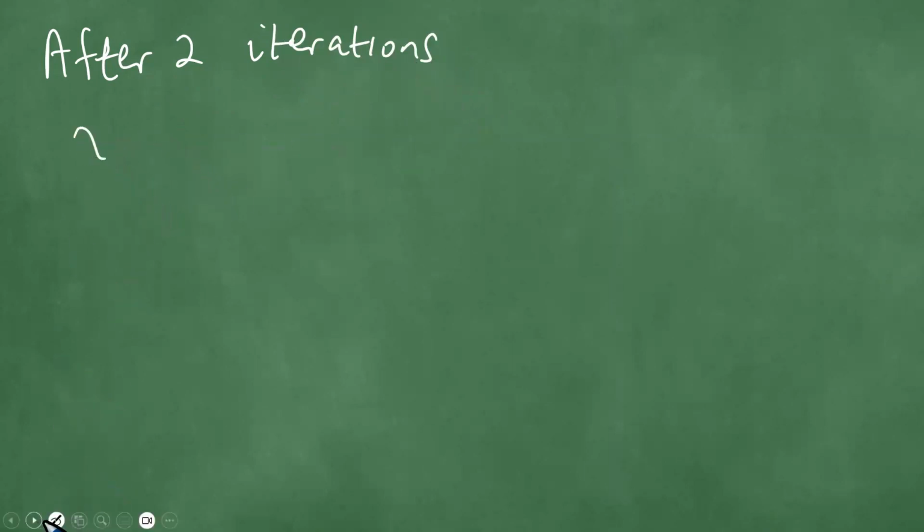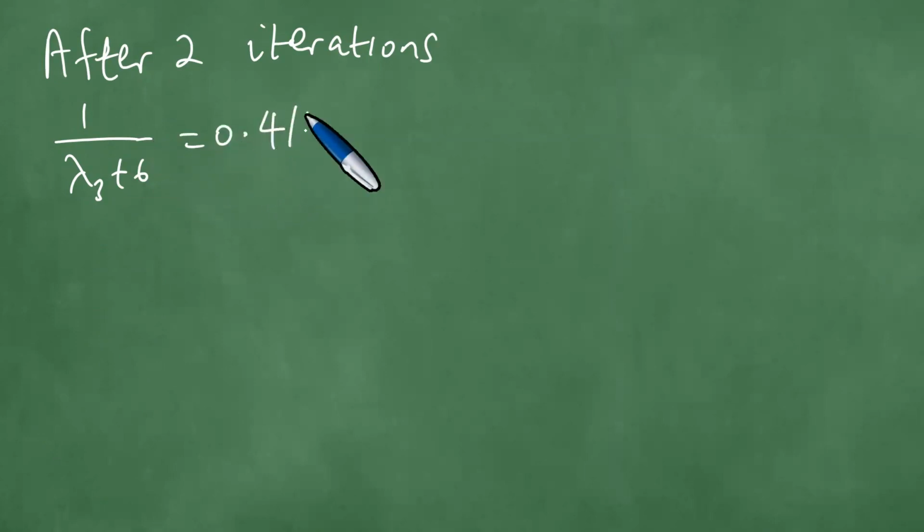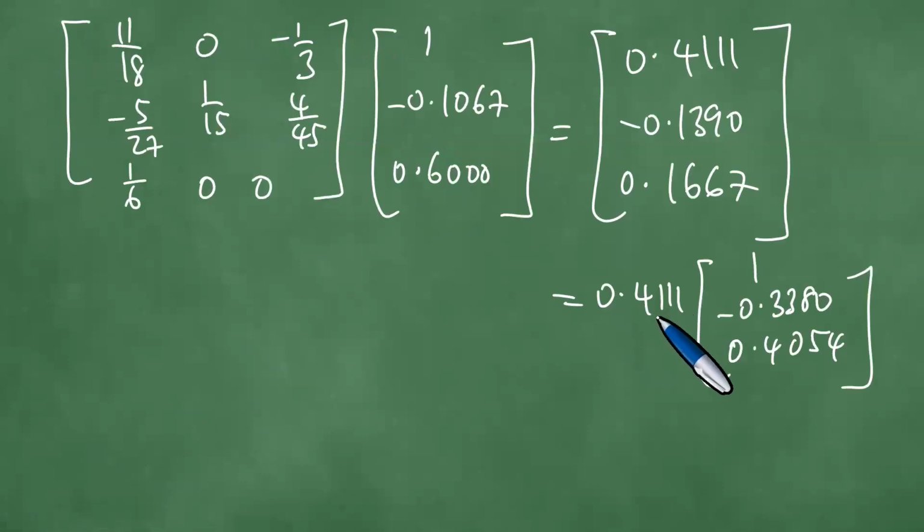one over lambda 3 plus 6 is a 0.4111, which is coming from here. 0.4111 is coming from there.